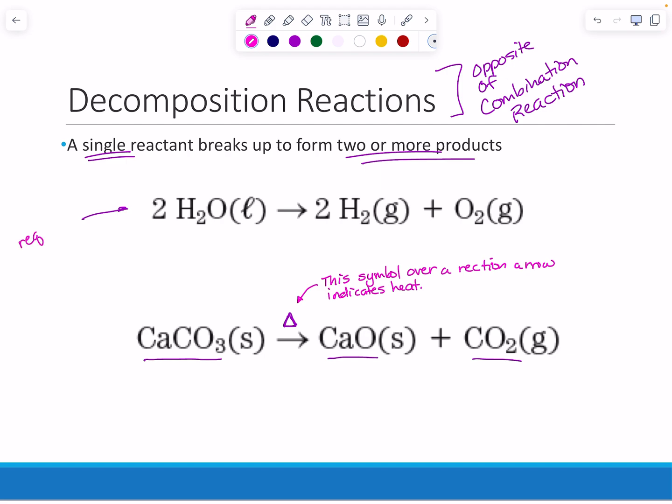Water decomposition requires energy, usually electricity. And we call this process electrolysis. In chemistry, when we use the term lysis, that means to break something.